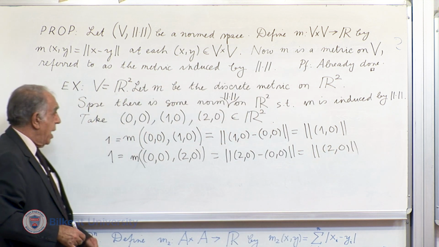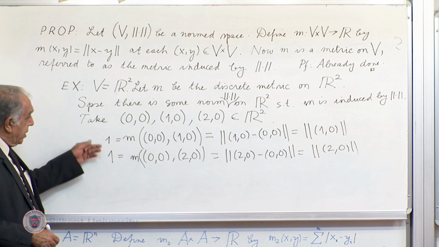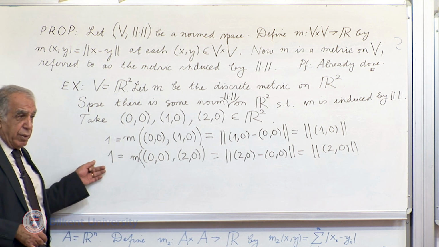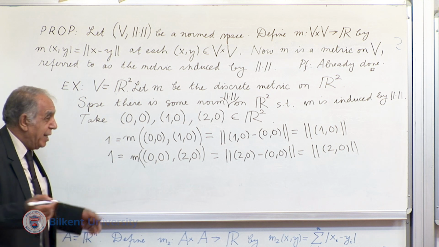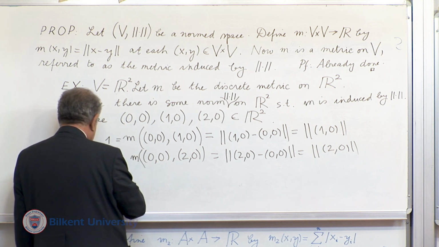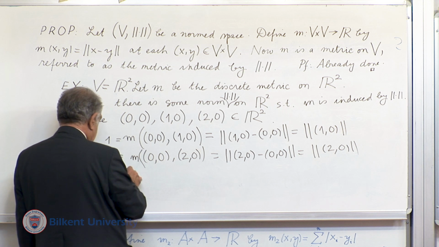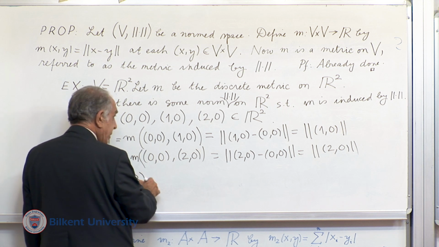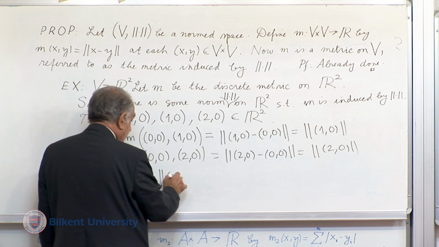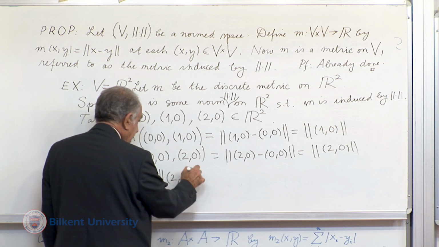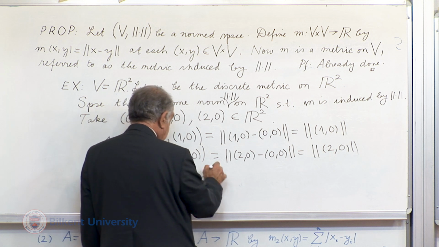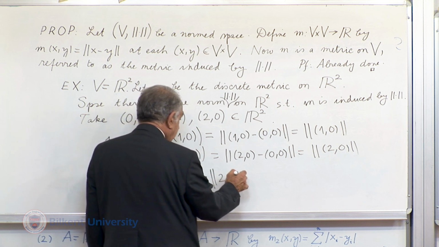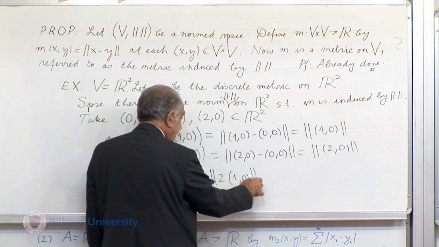But here, as you see, the norm of (1, 0) and the norm of (2, 0) turned out to be the same, which cannot be the case since by N3, the vector (2, 0) is nothing but the scalar product of 2 with (1, 0).